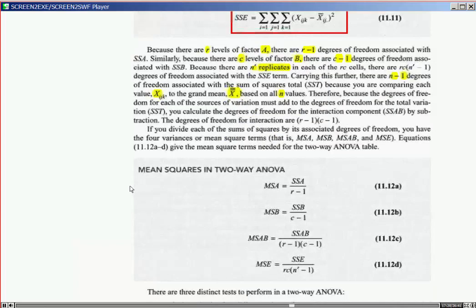If you divide each of the sum of squares by its associated degrees of freedom, you have the four variances or mean square terms. The keyword is mean. The variance is the mean square. This is the square, and after being divided by R minus 1.